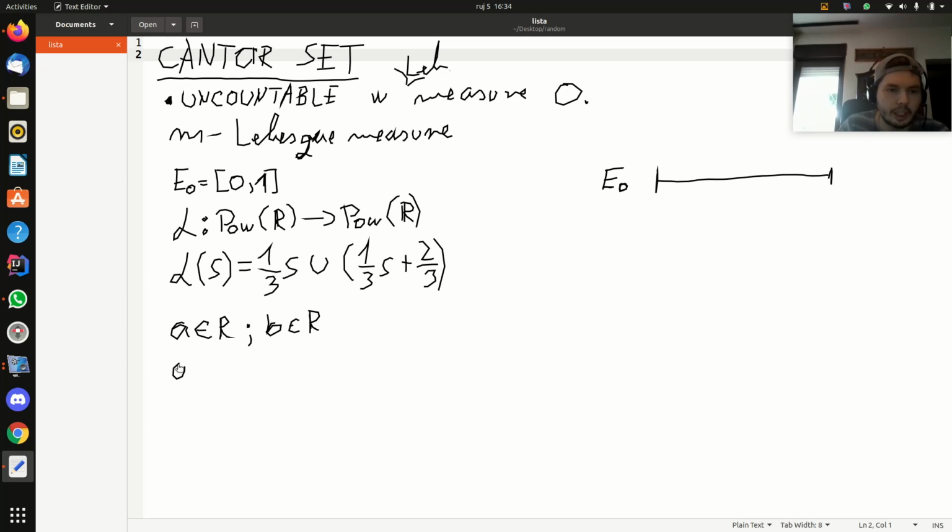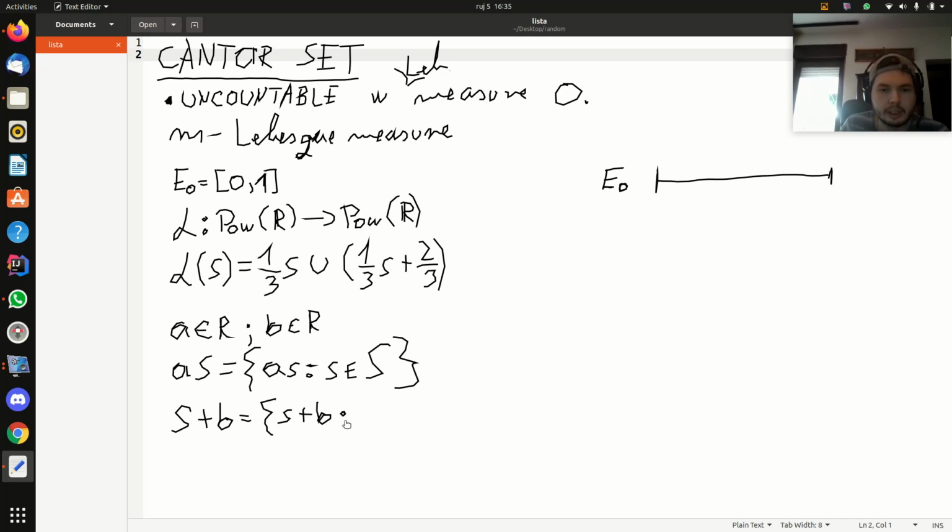So aS, where S is a subset of the reals, is going to be the set of a times s, where small s is an element of big S, and S plus b is going to be defined in the same manner: s plus b, where small s is an element of big S.